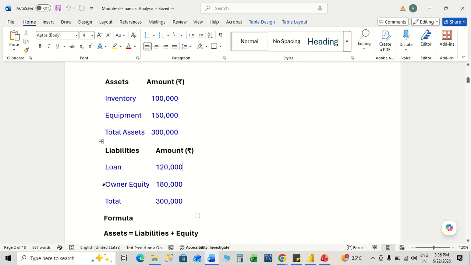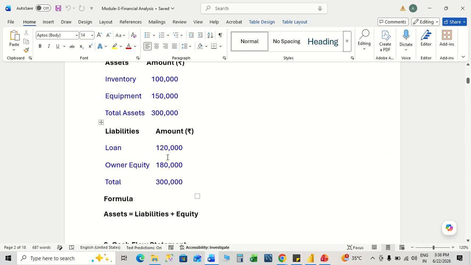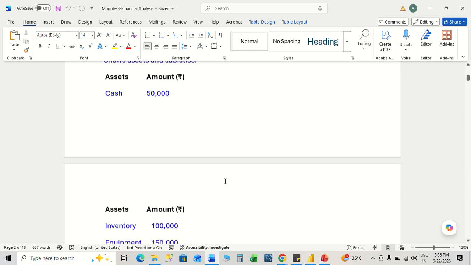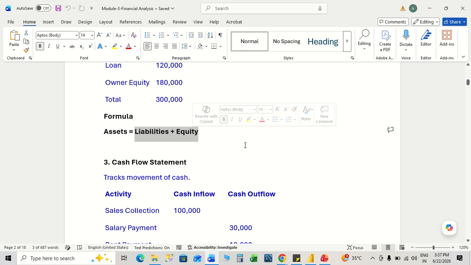Owner equity. If we sum this, it's 3 lakhs. So this is the balance sheet: asset is equal to liabilities plus equity.